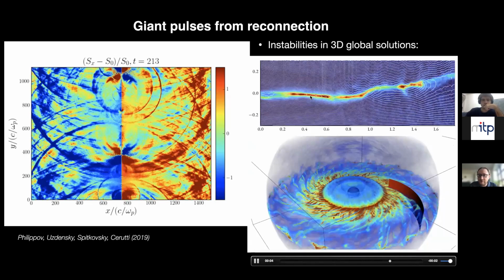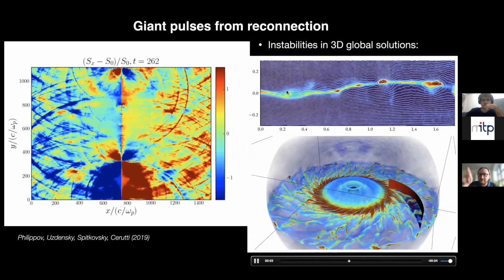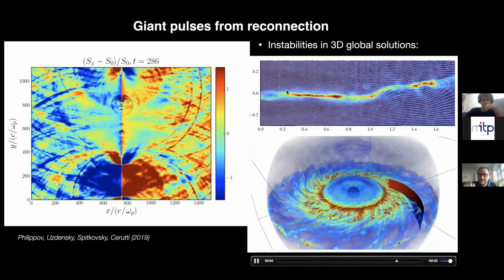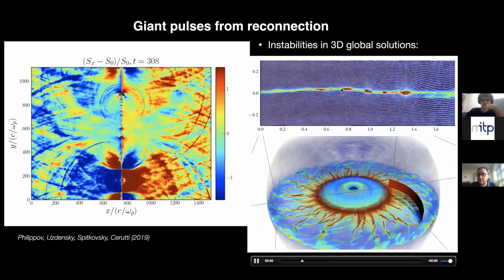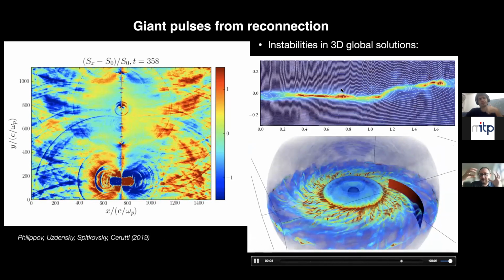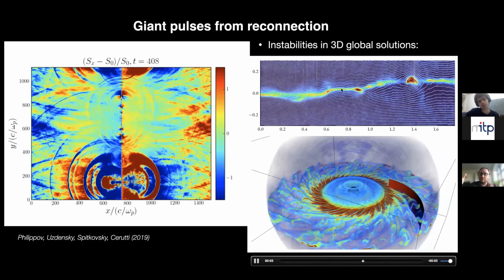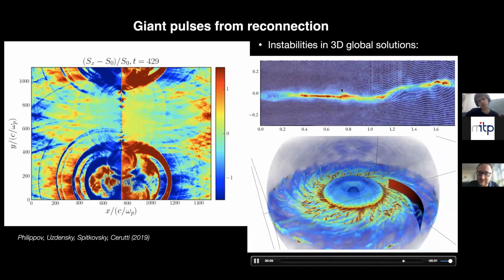So you see individual over-densities of plasma and the magnetic field in these loopy circles right here. So this is what we call islands in 2D. In 3D, these are like chunks of the magnetic field, quasi-spherical tubes, which would then collide with each other and produce this emission.